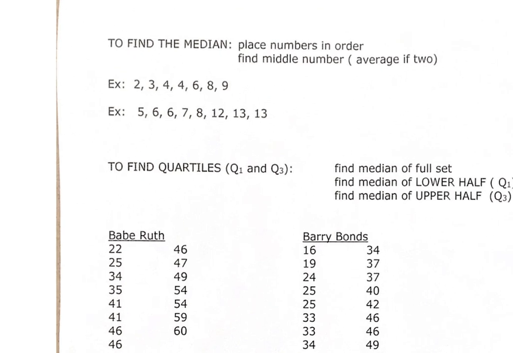So 1, 2, 3, 4, 5, 6, 7. Okay, so our median for that set of data is 4. Our median for this set of data is those 2. So we add those 2, divide by 2, so we get that the median for this set is 7.5.